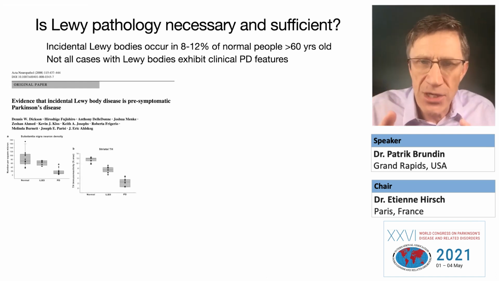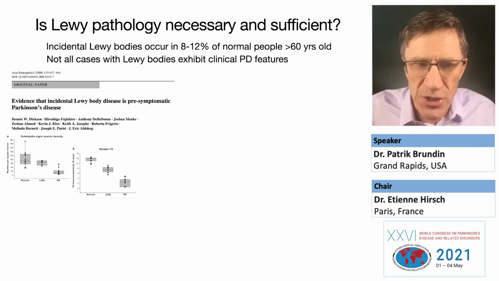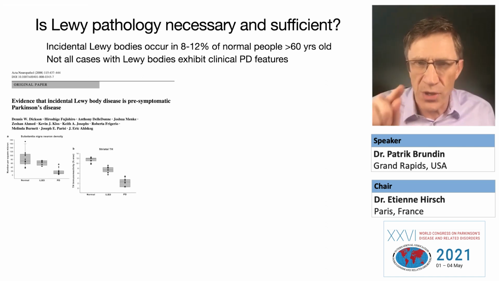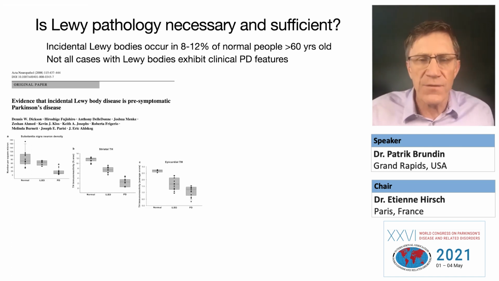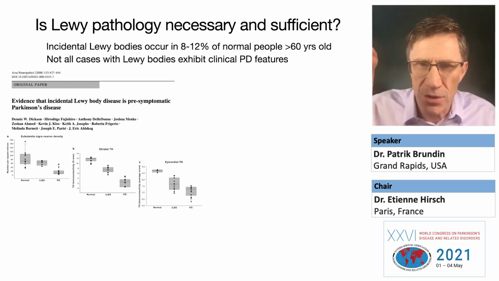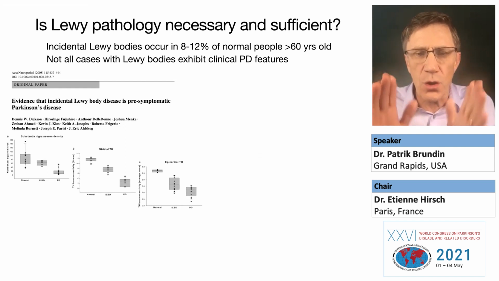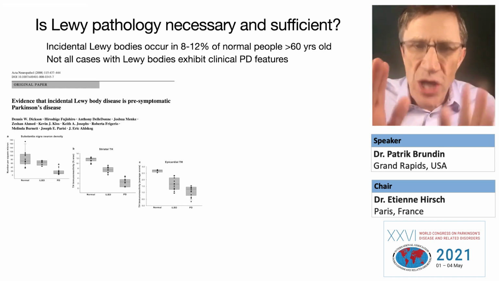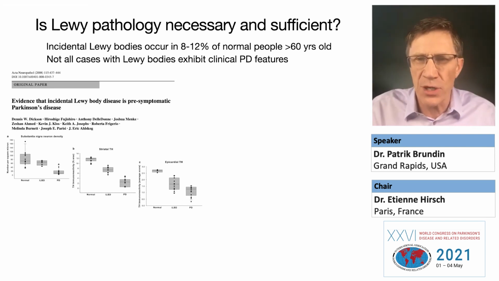The TH staining in the striatum seemed to be decreased, not as much as in Parkinson's, but somewhere in between Parkinson's and normal. And finally, also in the epicardium, in the heart, the nerves there, there was a change in tyrosine hydroxylase immunoreactivity, presumably because of synuclein pathology.